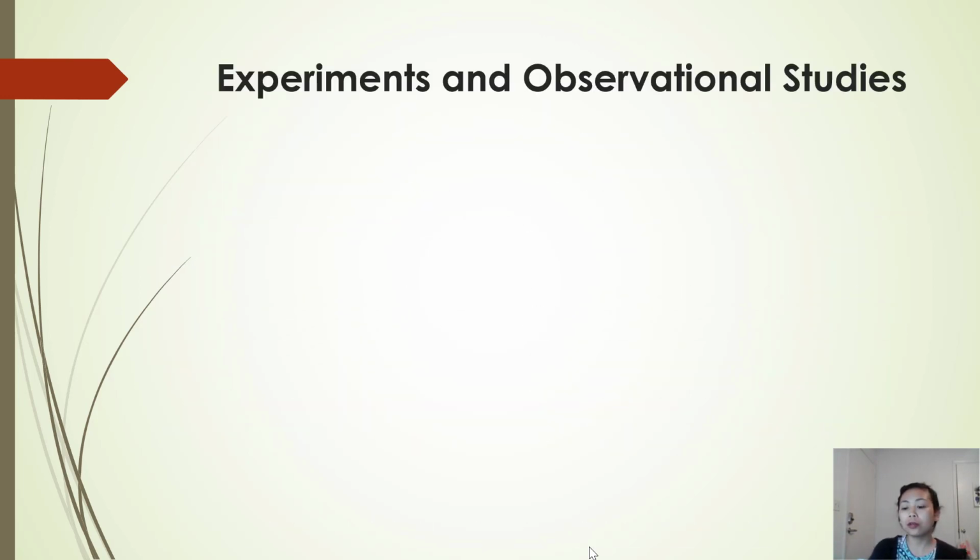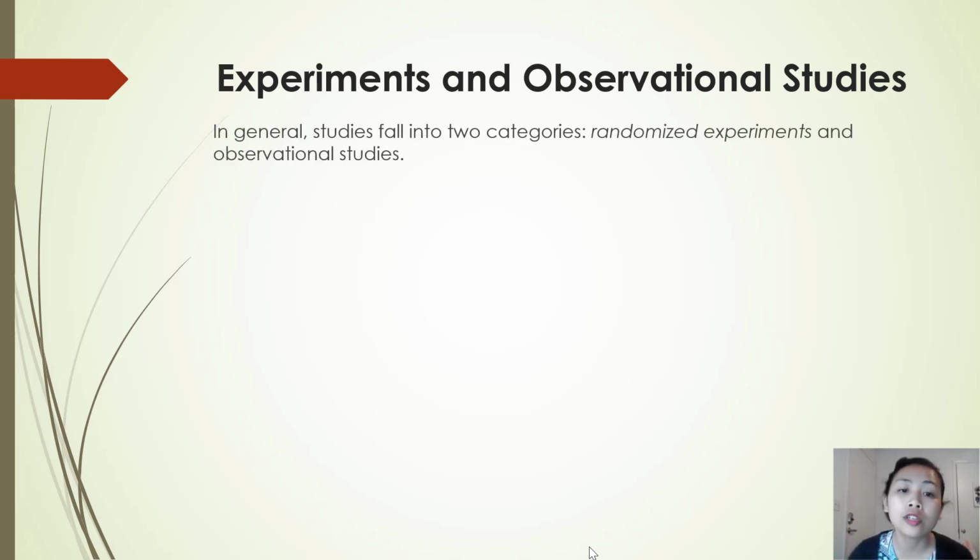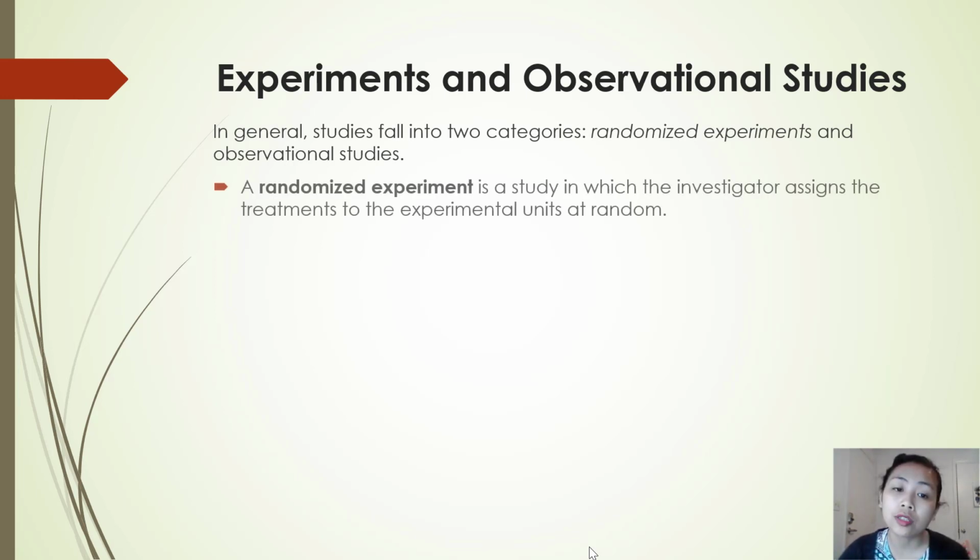Now we talk about the difference between experiments and observational studies. In general, studies fall into two categories: randomized experiments and observational studies. A randomized experiment is a study in which the investigator assigns the treatments to the experimental units at random.